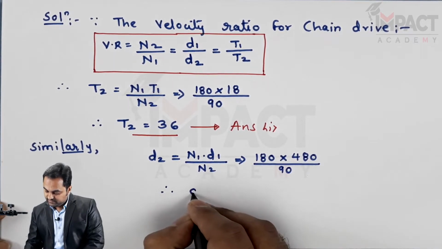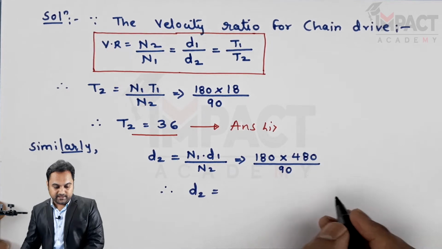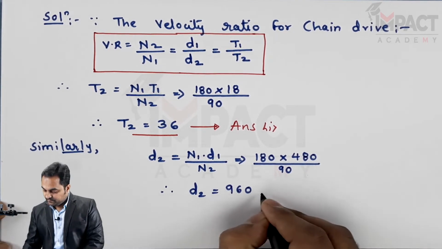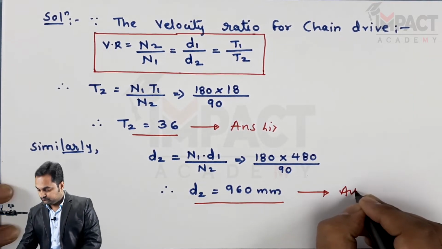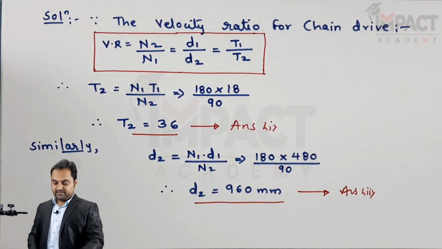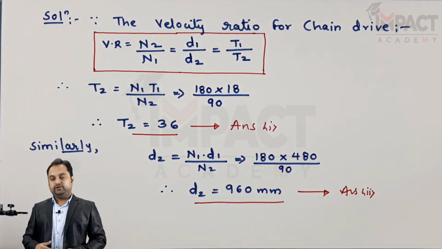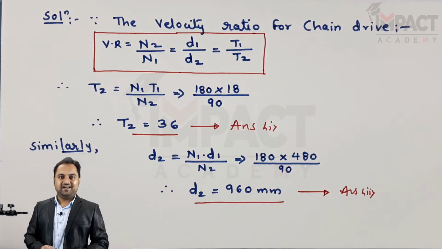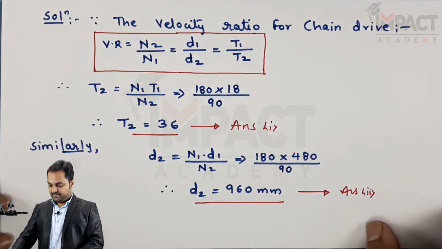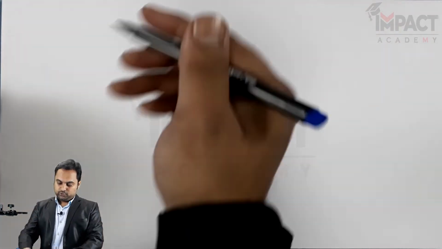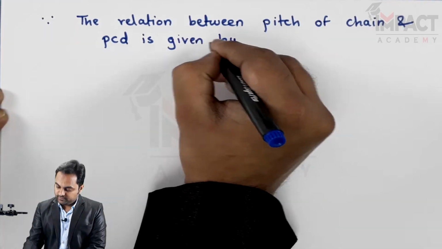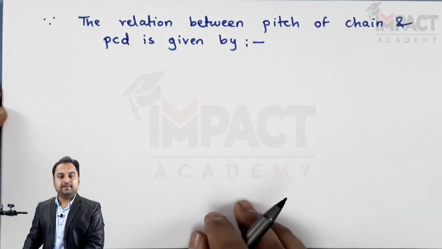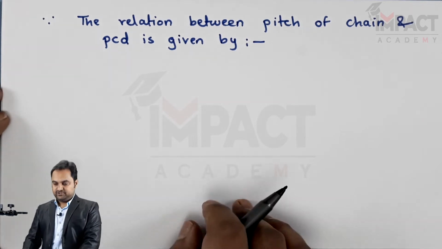So from this I am getting the answer of D2 as 960 mm. The second answer. Next, after that I'll go to find the pitch of the chain, and for pitch I am going to use the relation between pitch and pitch circle diameter. Both D1 and D2 are known, so we can use any one of them. I am using D2. Since the relation between pitch of chain and PCD is given by, I'm using for the driven sprocket.